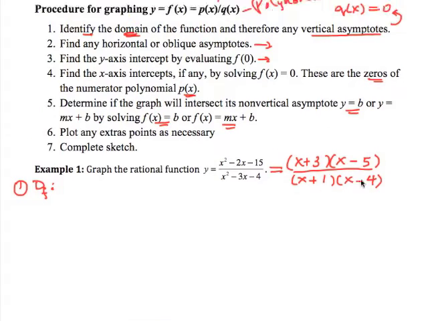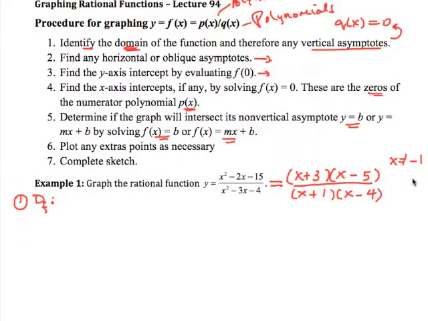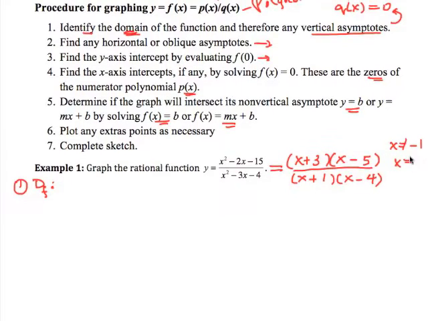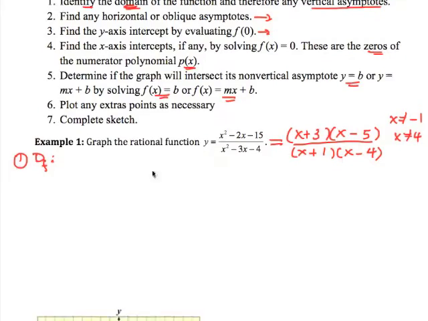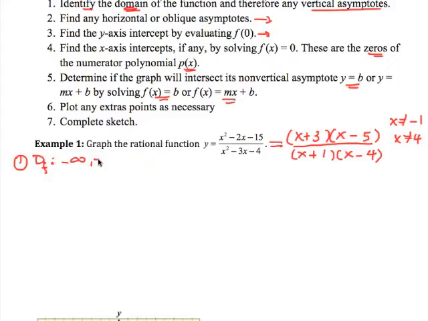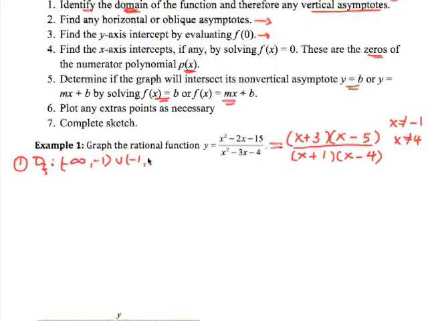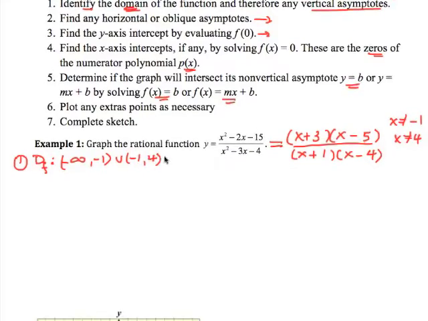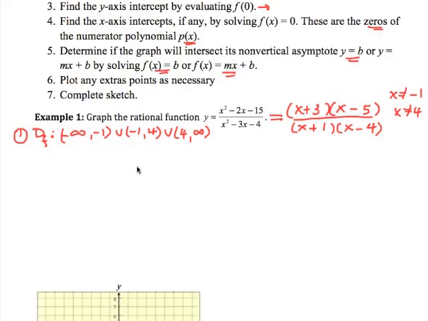Notice x cannot be equal to negative 1 and x cannot be equal to 4, because that will cause the denominator to go to 0. So we'll have everything from negative infinity to negative 1, from negative 1 to 4, and then from 4 to infinity, and that'll be our domain.